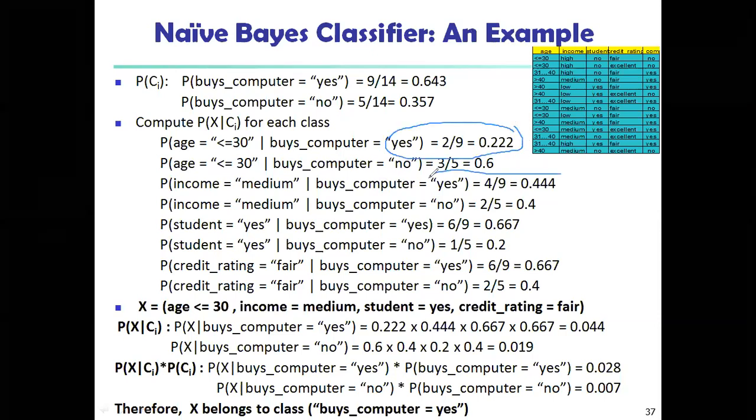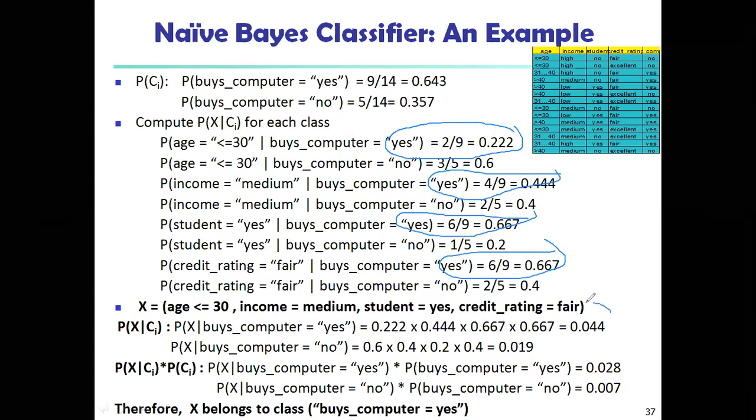So 0.222, 0.444, 0.667, 0.6. Multiply them and you get the value 0.044.